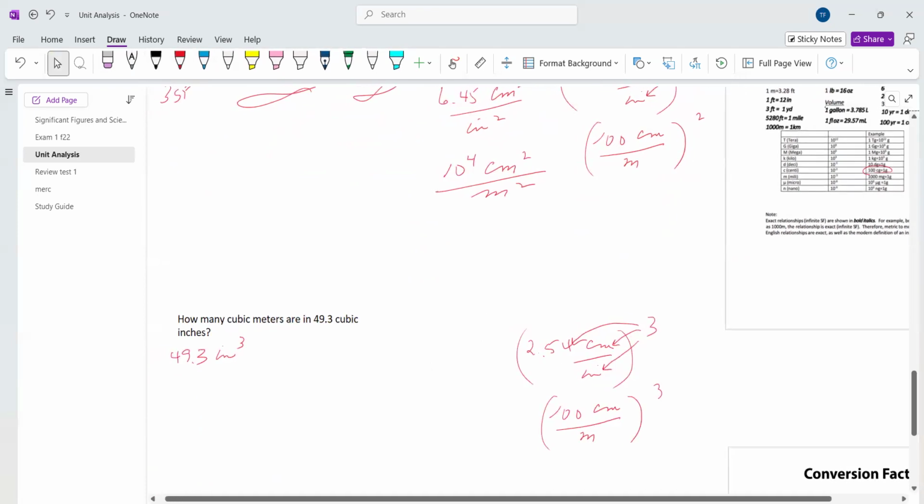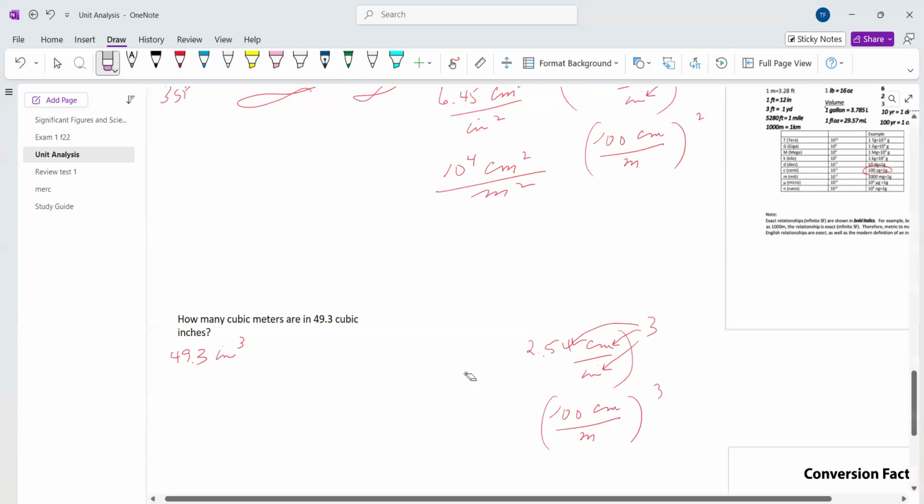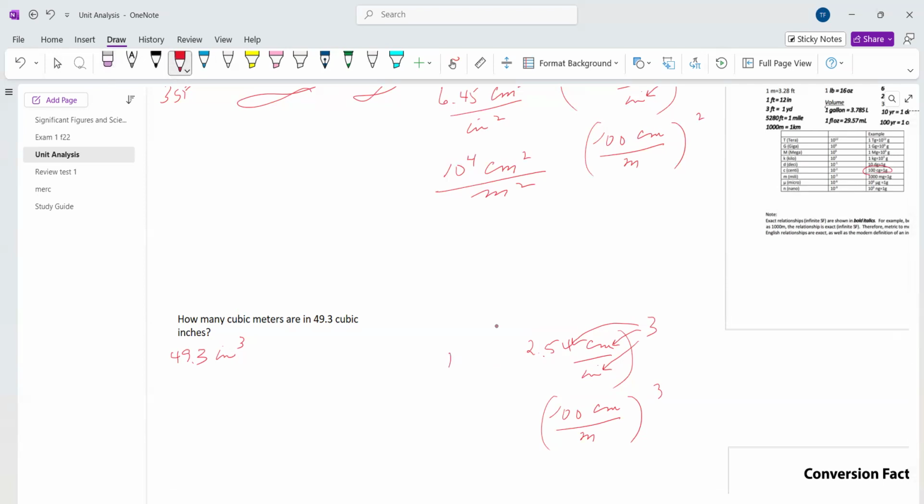All right, so we have 2.54. Okay, so 2.54 times 2.54 times 2.54, so we get 16.4. 100 cubed.